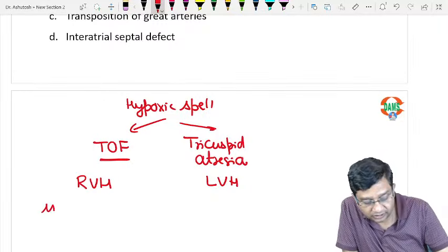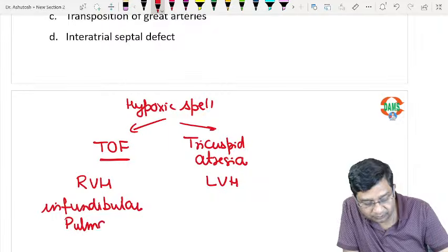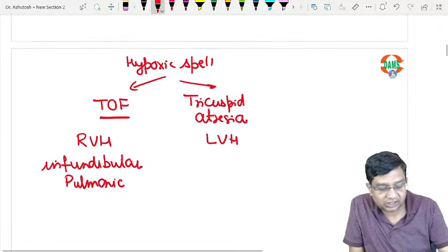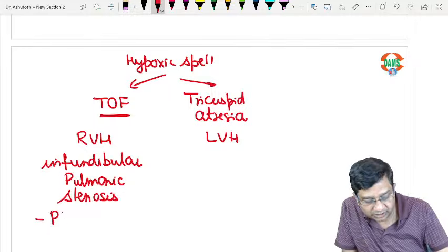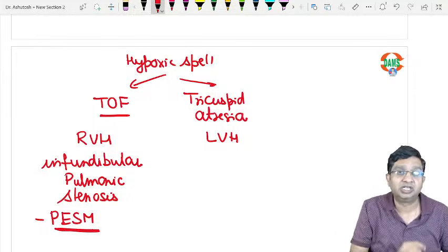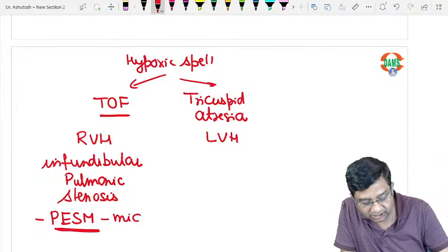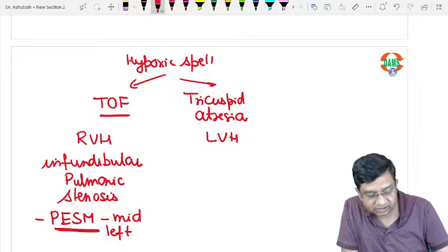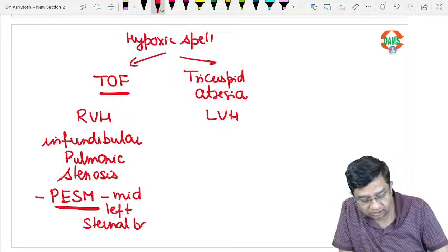In TOF, there is infundibular pulmonic stenosis, and due to this there is a pulmonic ejection systolic murmur. But this murmur is not heard at the pulmonary valve area because it is subvalvular. It is heard at the mid left sternal border.